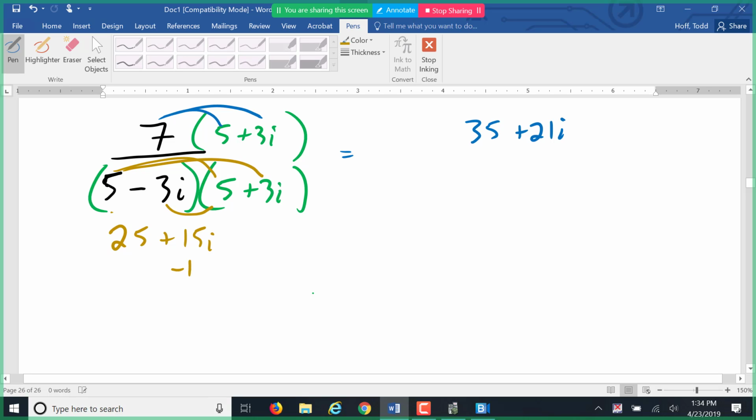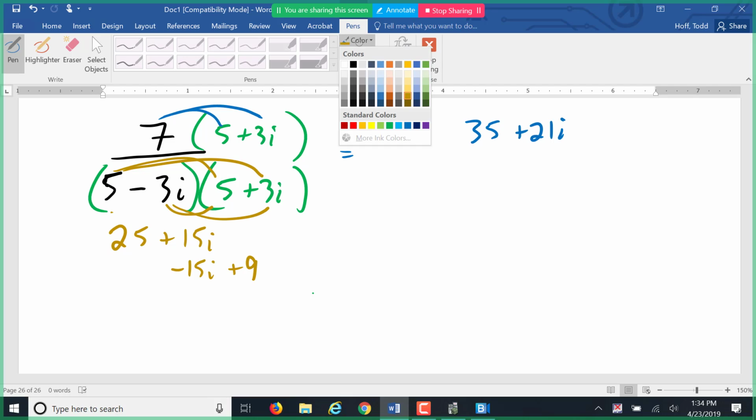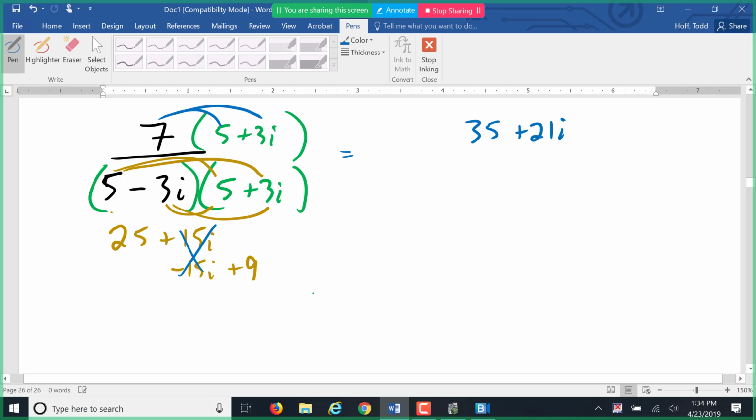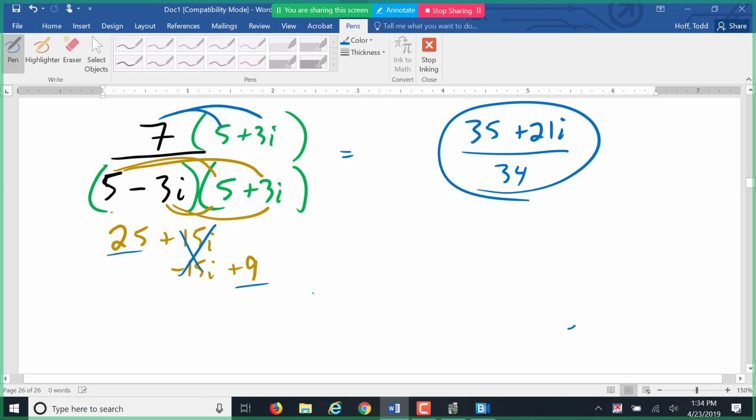Negative 3i times 5 is negative 15i. Negative 3i times 3i is 9. So the i's cancel out. 25 and 9 make 34. So 35 plus 21i, all over 34.